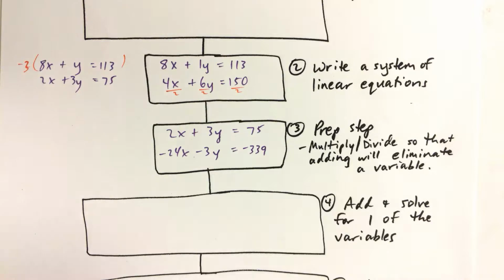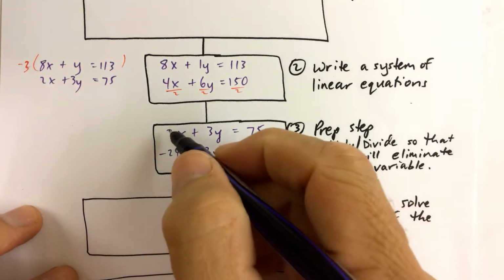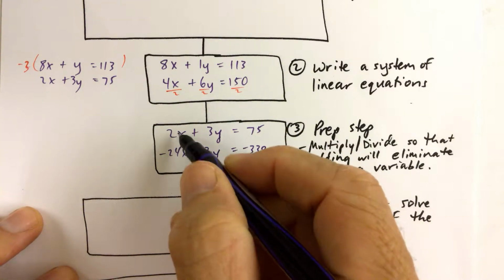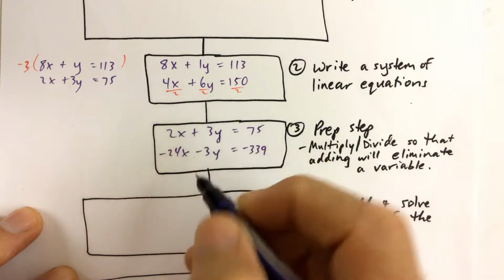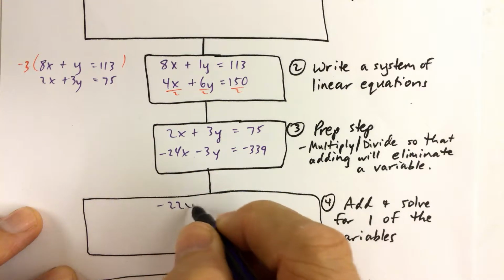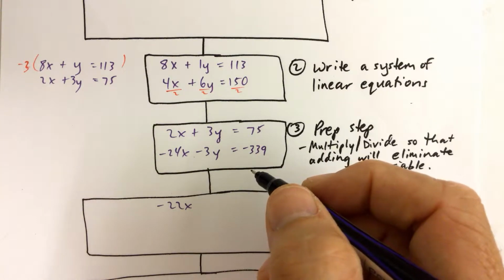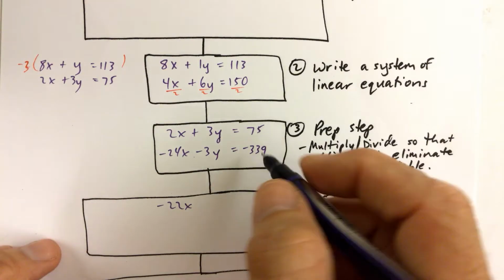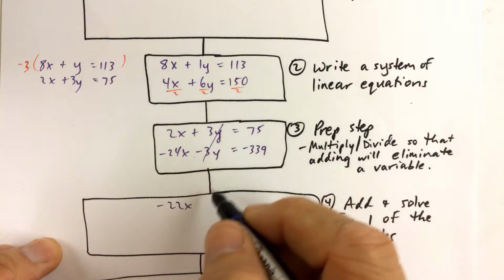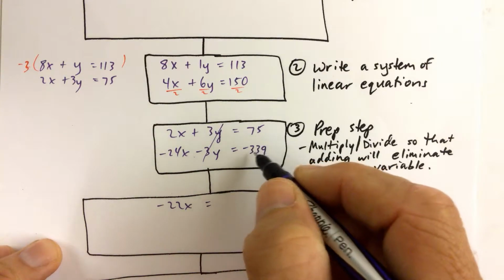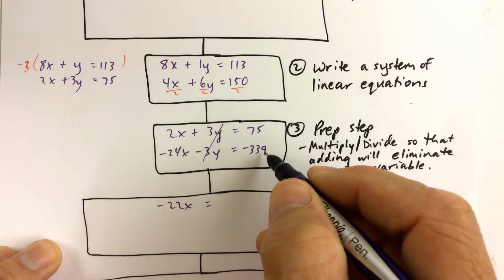If one of the variables drops out, that's what we want. So if we add the x terms together, -24x and 2x is -22x. Then the y's cancel, and we get 75 minus 339.